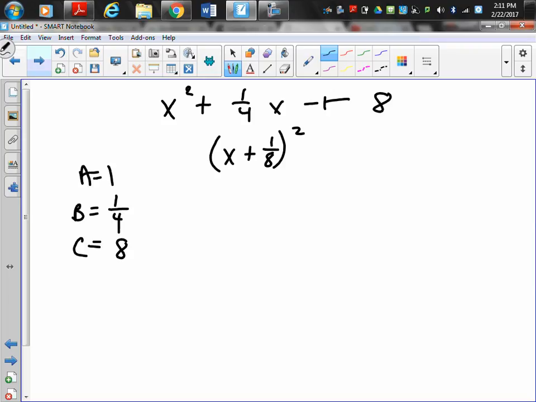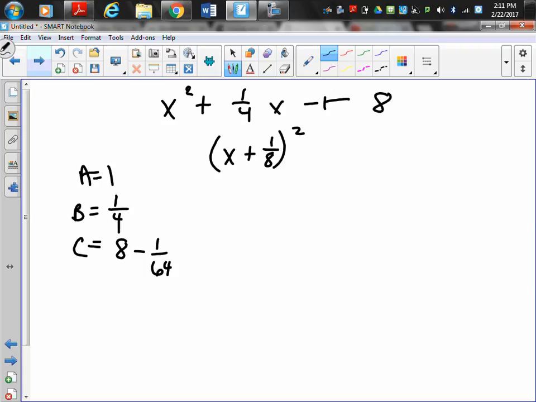And then what is it going to be? Negative 8 minus 1/8 squared, which is minus 1/64. So 8 minus 1/64, green button, y equals.